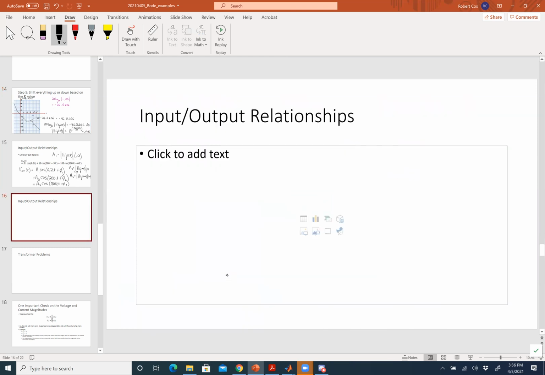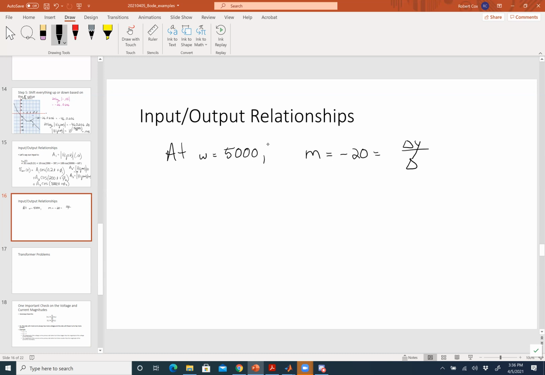At omega equal to 5,000, the slope, m, is negative 20. That's rise over run, just basic linear algebra.